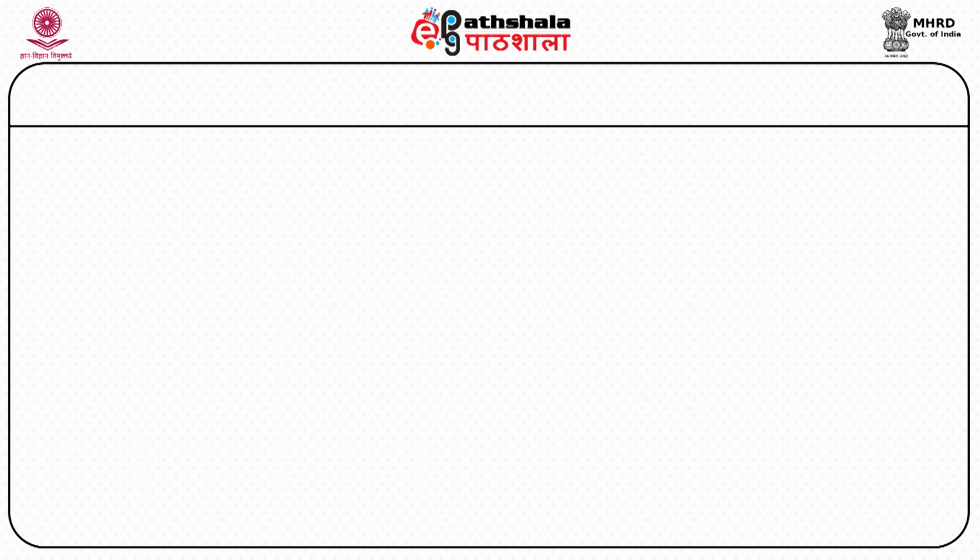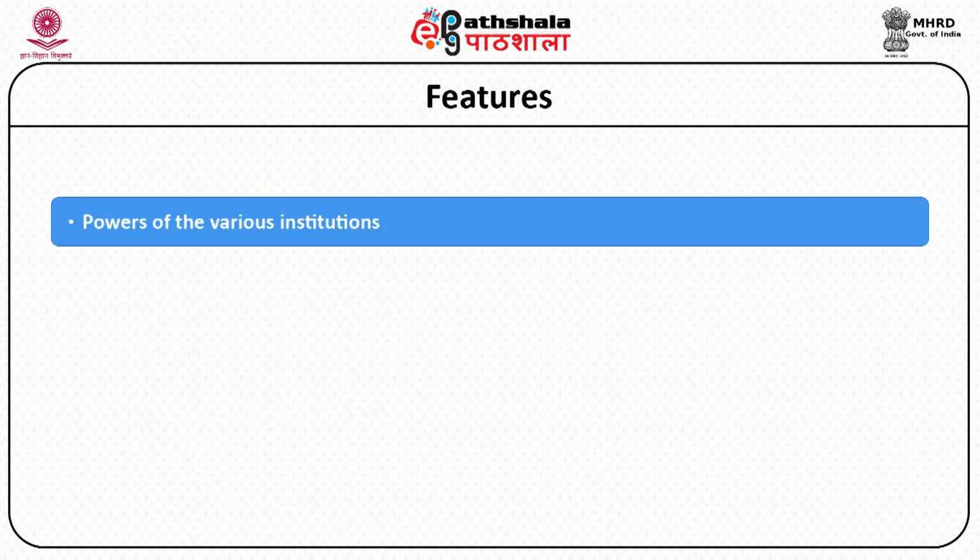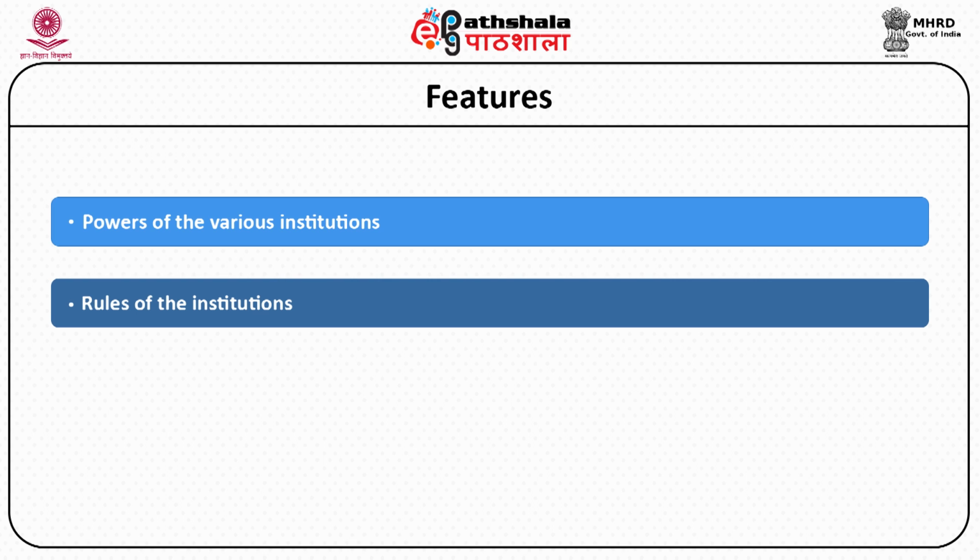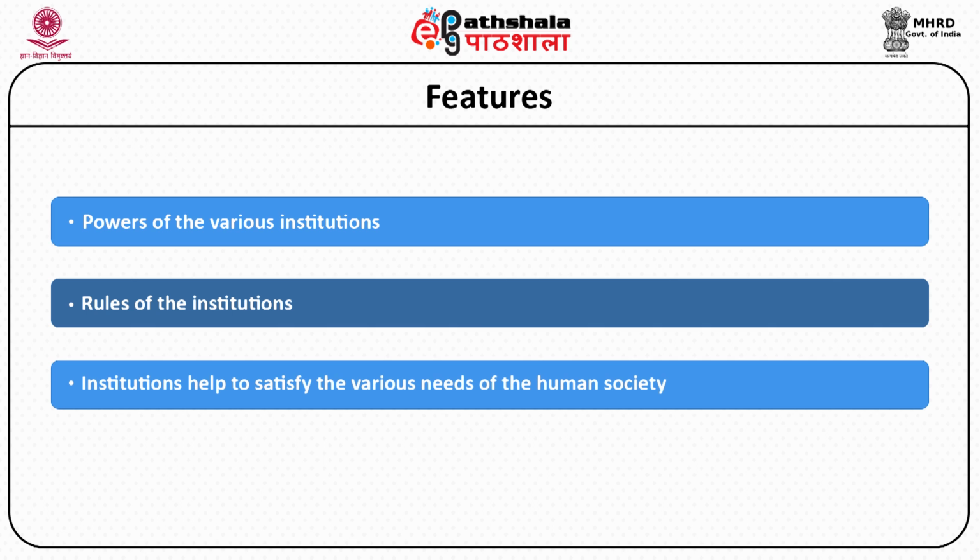Now, what are the features of the institutional approach? The approach endeavors to study the powers of the various institutions. The institutional approach also studies the rules of the various institutions. All the institutions are formed because they help to satisfy the various needs of human society.